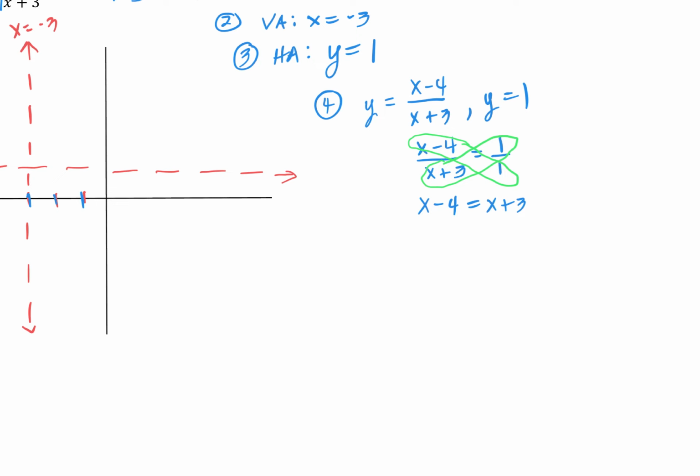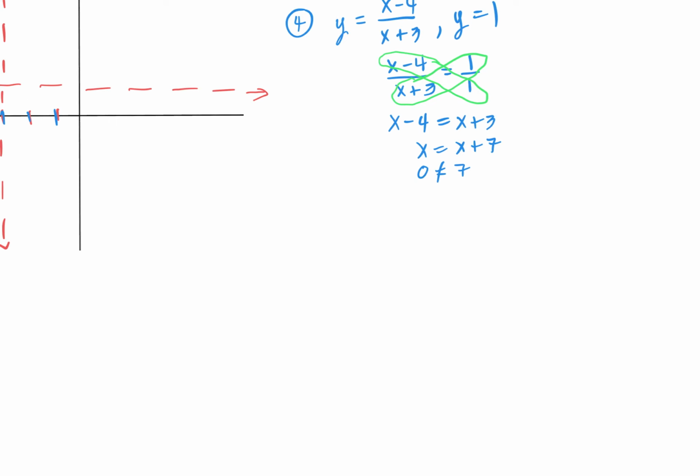And now I could add 4 to both sides, and then notice if I subtract x from both sides, I get 0 equal to 7. That can't happen. There's no solution to this equation, which means there are no cross touch points.